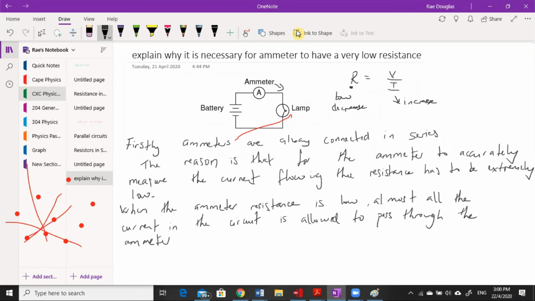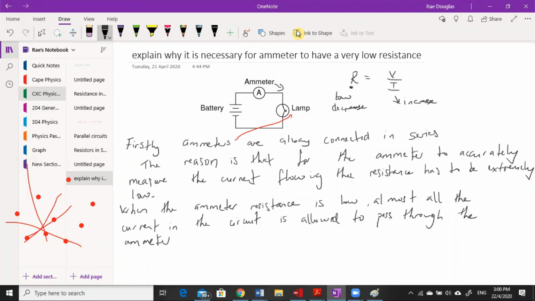So remember now, a resistor is a thing that limits the flow of charge. You want to measure the charge that is flowing, but you don't want to resist it. So you need to keep it as low as possible. There's no such thing as zero resistance; there's always going to be some resistance there.